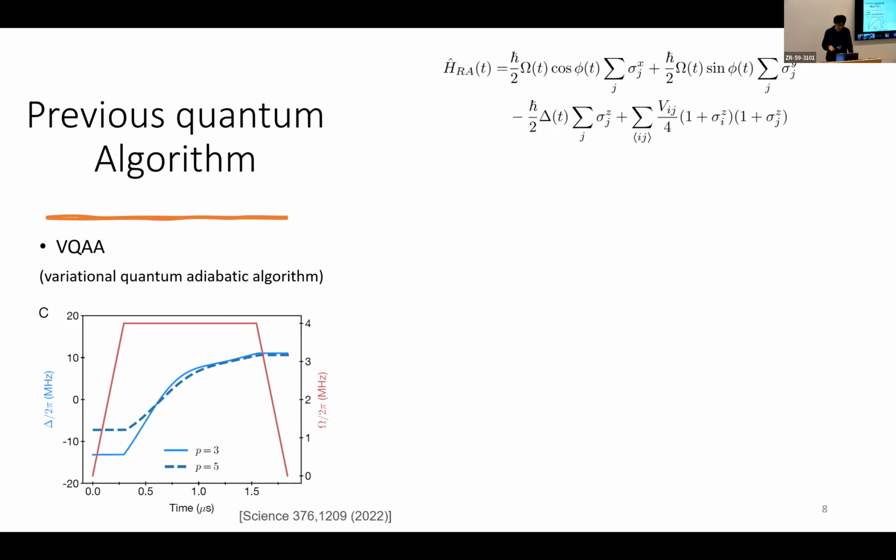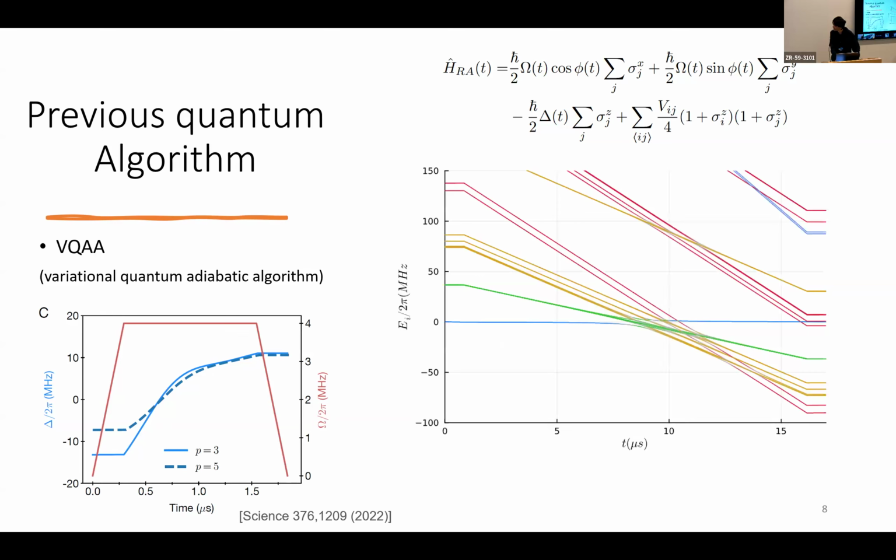The basic idea is called the variational quantum adiabatic algorithm. This idea is based on adiabatic evolution, where the initial Hamiltonian has a very easy ground state, which is our zero state, and the final Hamiltonian has a ground state that is exactly the maximum independent set of that problem.